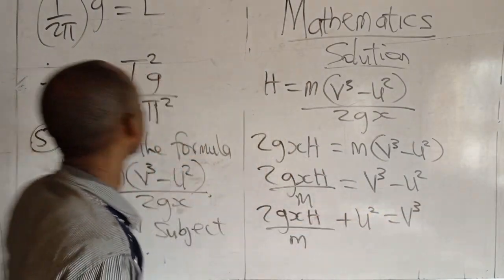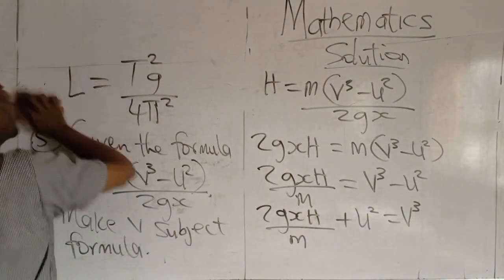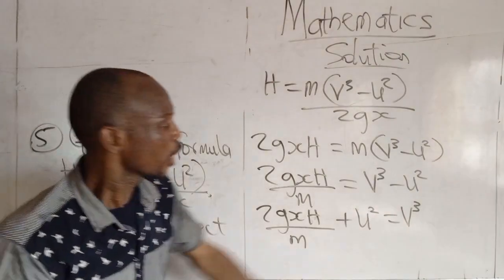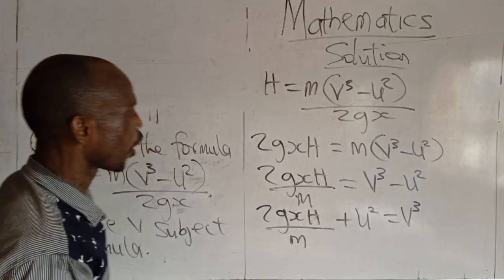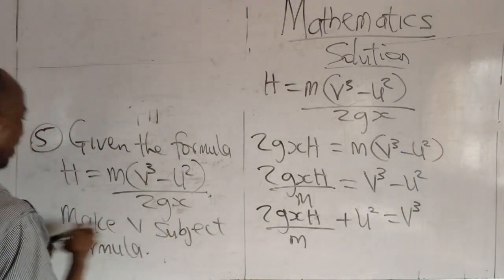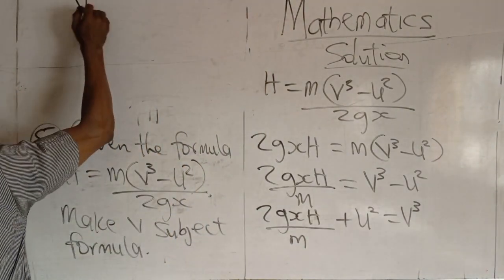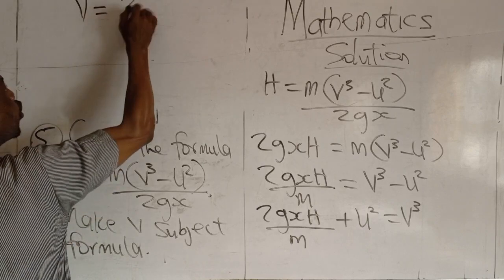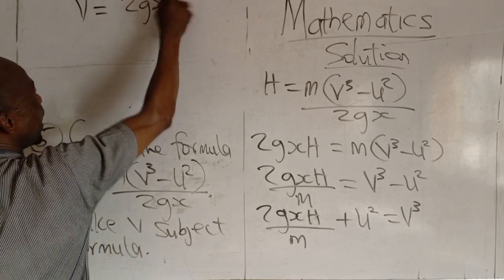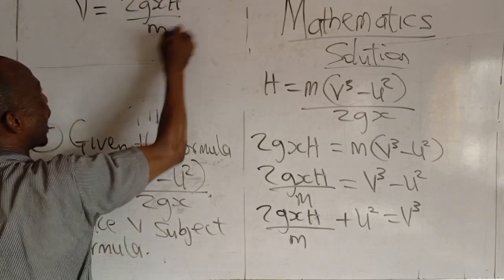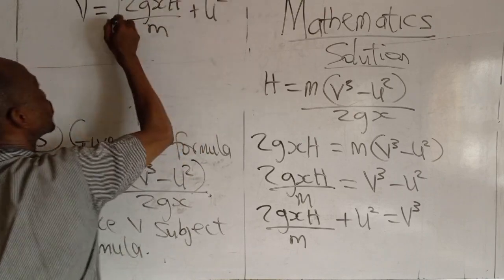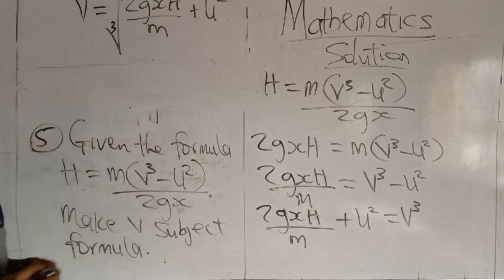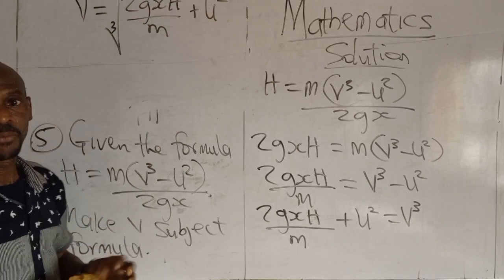To make it the subject, what do we do? Our principle says that you are going to find the root, the nth root of the other side. So our V will now be equal to 2gxH all over M plus what? U squared to the cube root. So this becomes our what? Answer.